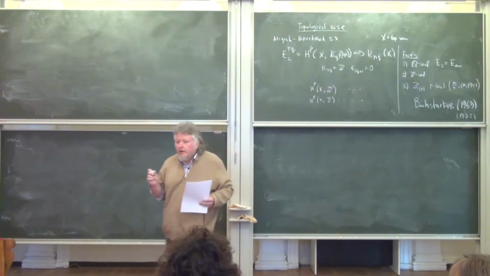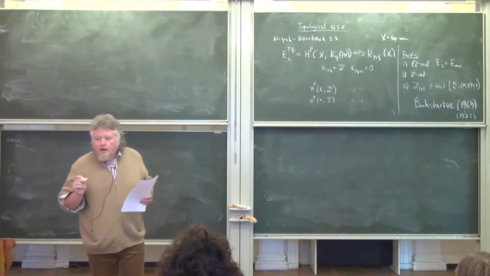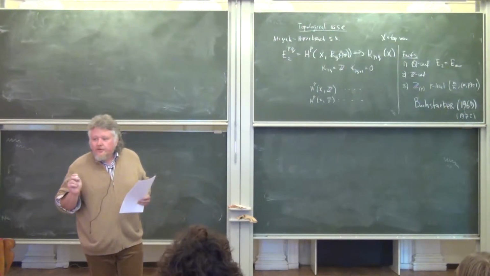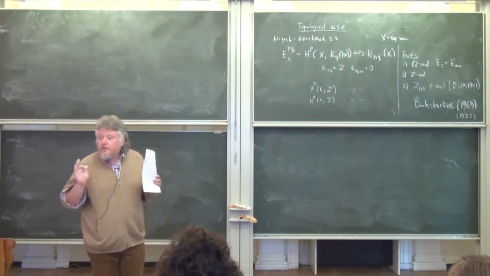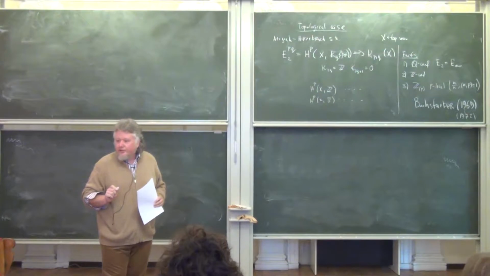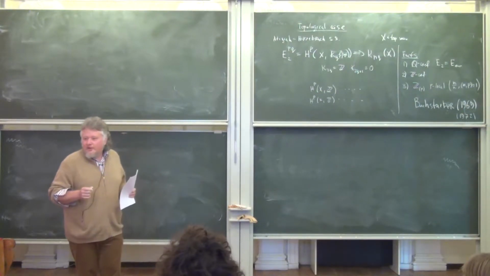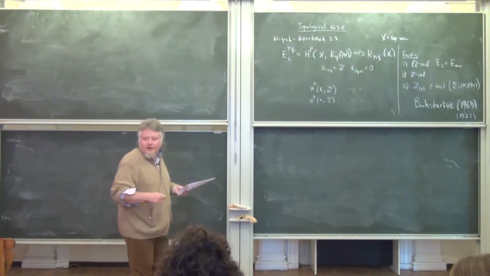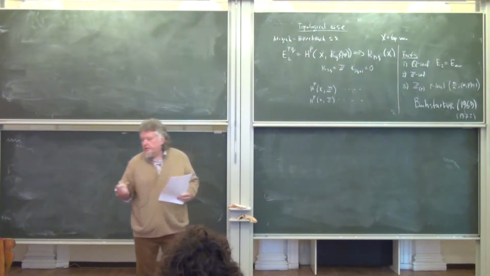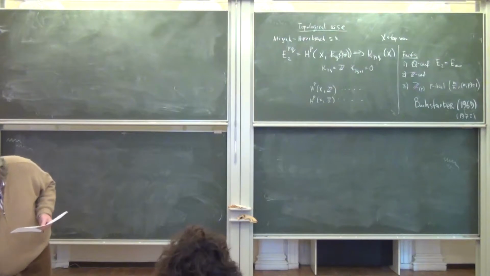What is the first non-trivial differential in the topological situation? I will give it a little bit later, and it will serve both as a differential for the algebraic and topological cases.